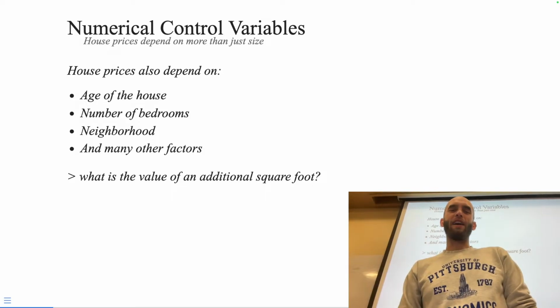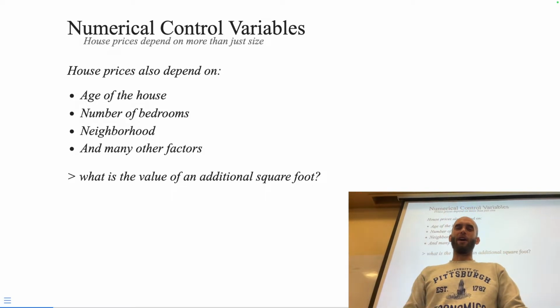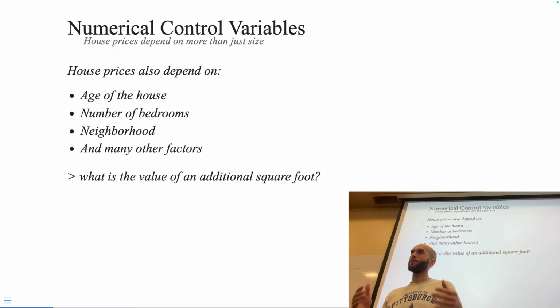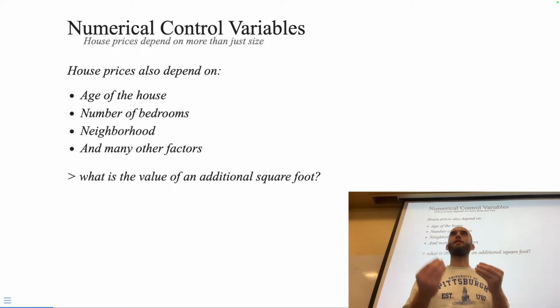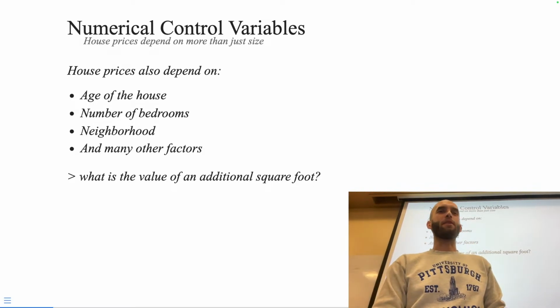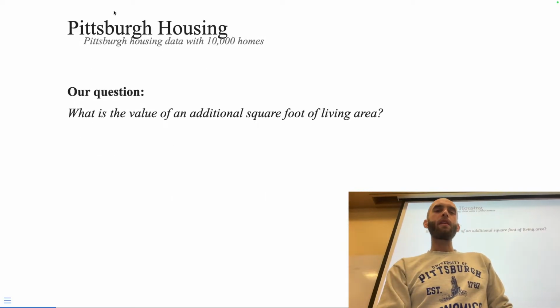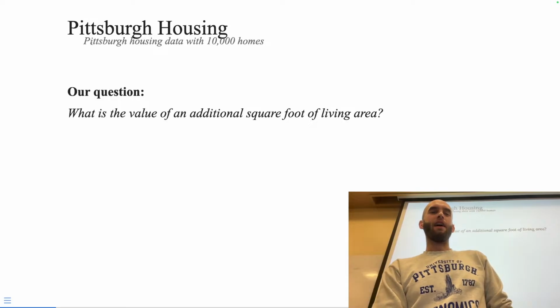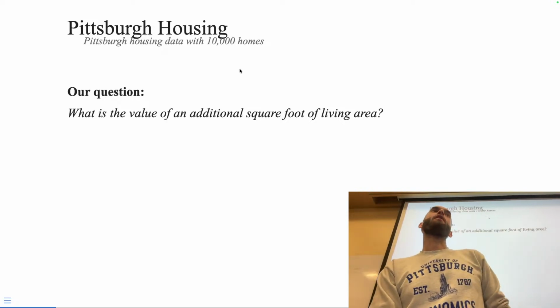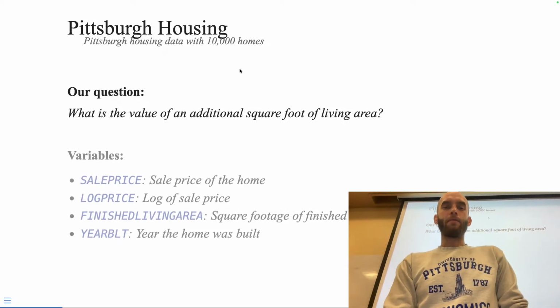Our question for today is what the value of an additional square foot of a house is. So as you'd expect, we can just look at the data and pull out a relationship between housing prices and square feet. So I've collected a data set. This is actual transaction records of many, many homes in Pittsburgh, going way back.